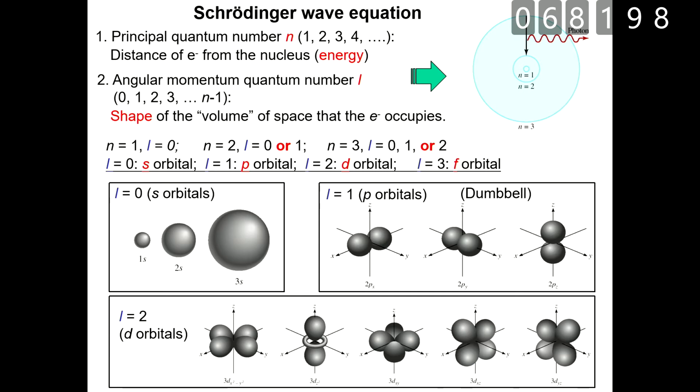If one electron's L number is 0, this means the shape of its electron cloud is like a ball. When L equals 0, its orbital is s orbital. When L equals 1, the shape of the electron is like a dumbbell.